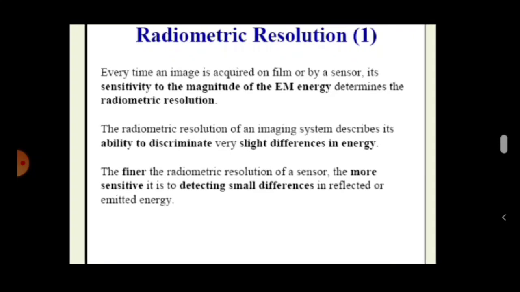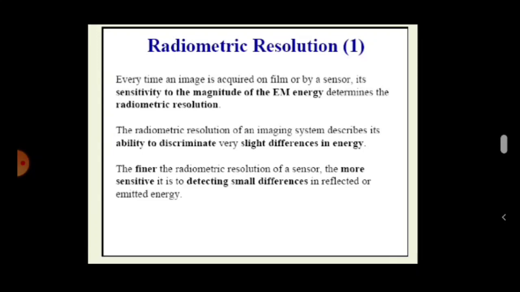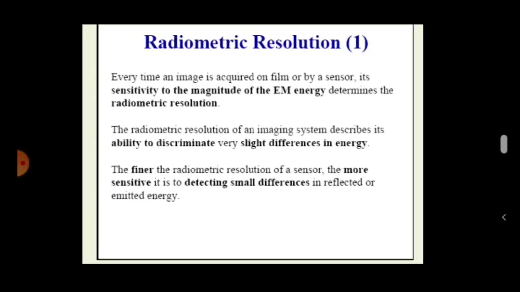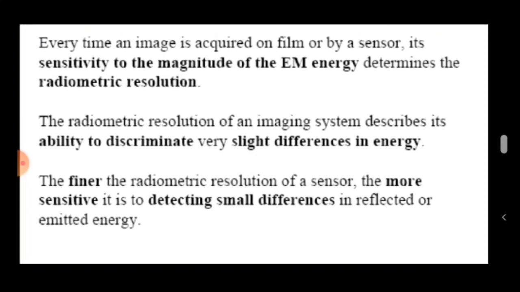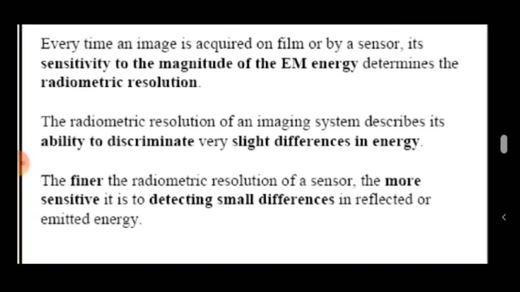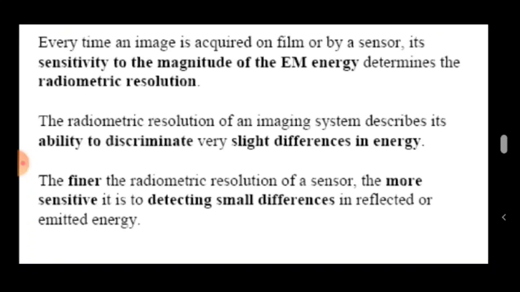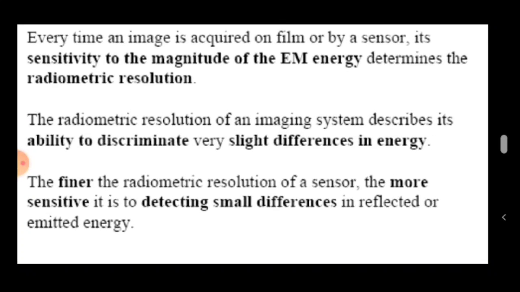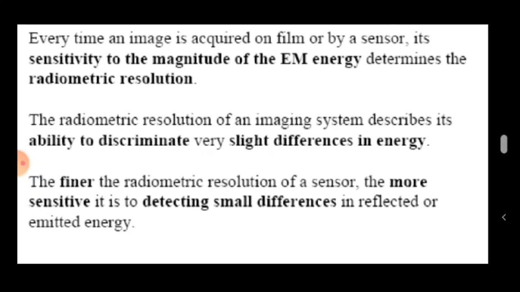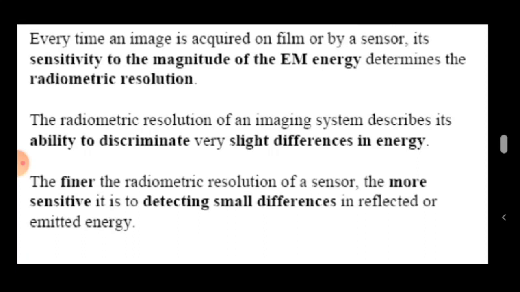Then we come to radiometric resolution. Every time an image is acquired by a sensor, its sensitivity to the magnitude of the electromagnetic energy determines the radiometric resolution. In other words, it measures the sensor's ability to differentiate the smallest change in reflectance or emittance between various targets.